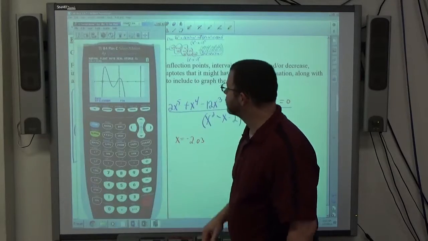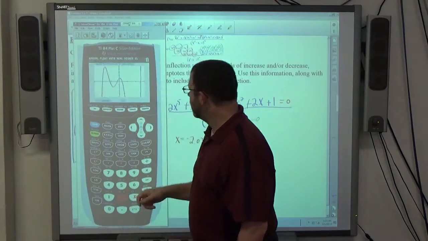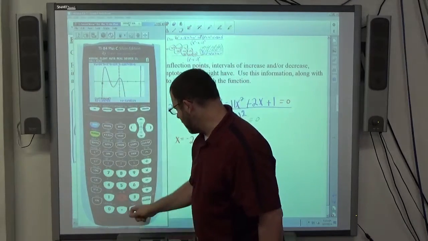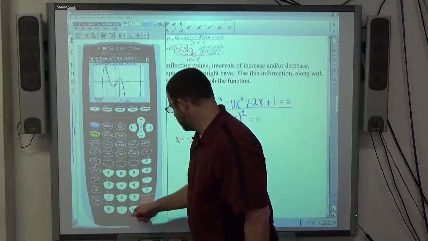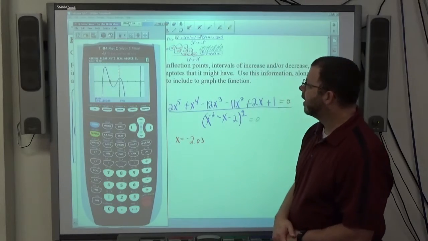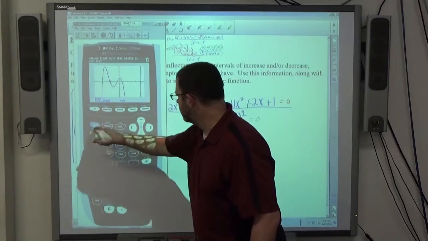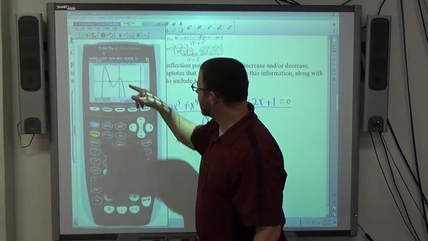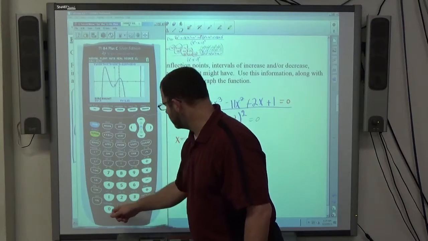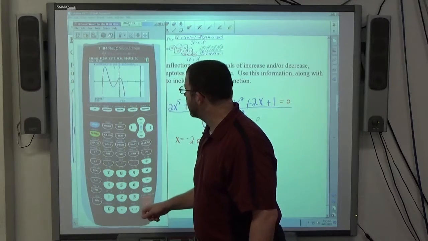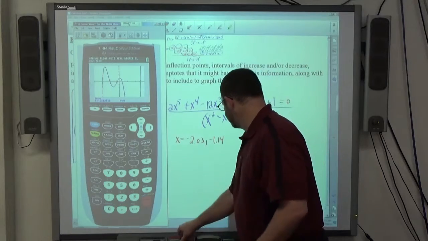All right, the next one. Second calc 0. Looks like about negative 1.1, so left bound negative 1.5, right bound negative 0.5, guess negative 1, and negative 1.14. Next one. Second calc 0. Looks like about negative 0.3, so left negative 0.5, right 0, guess negative 0.3, negative 0.25.